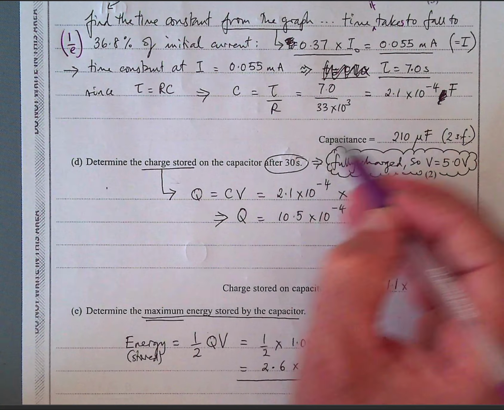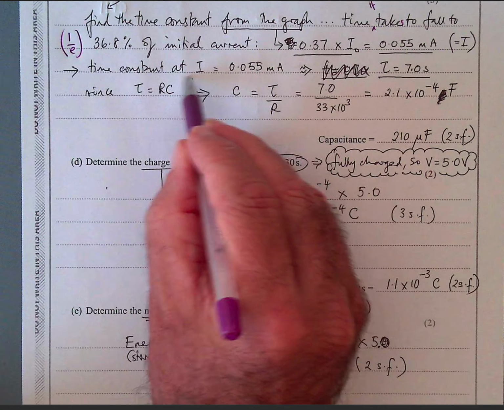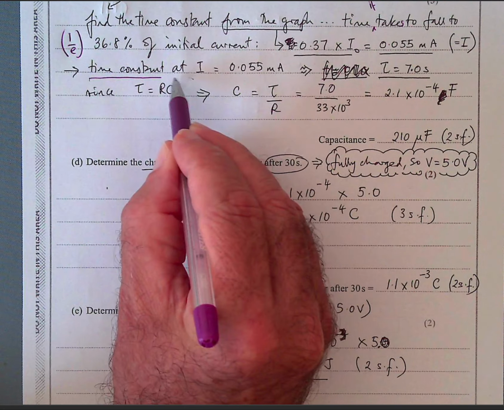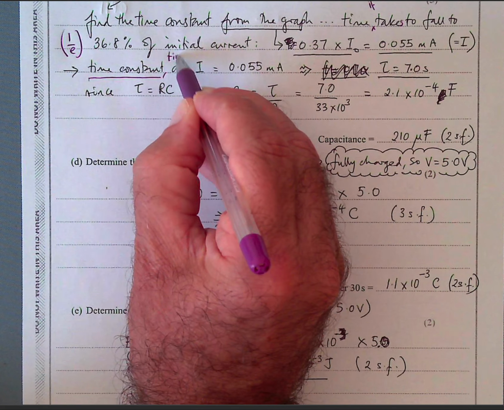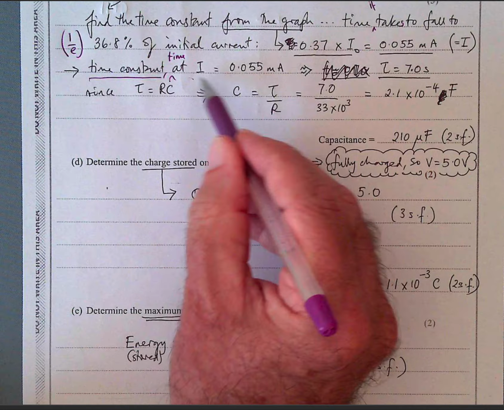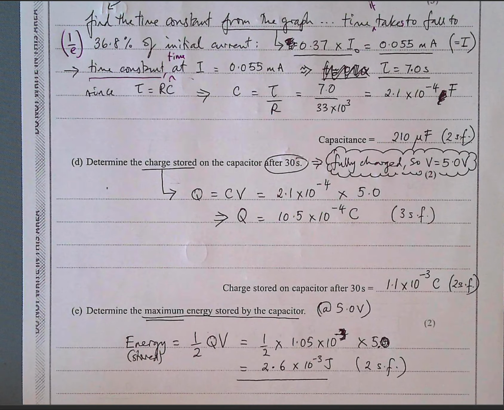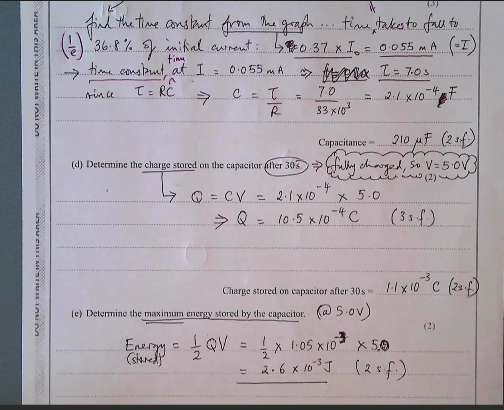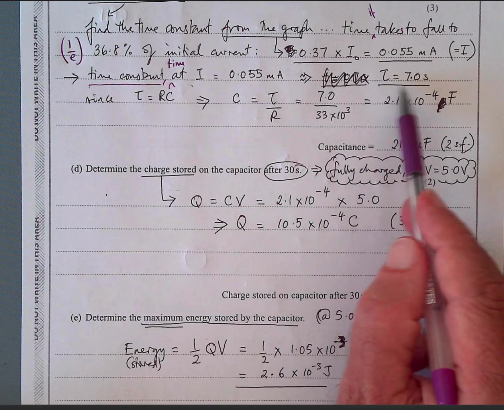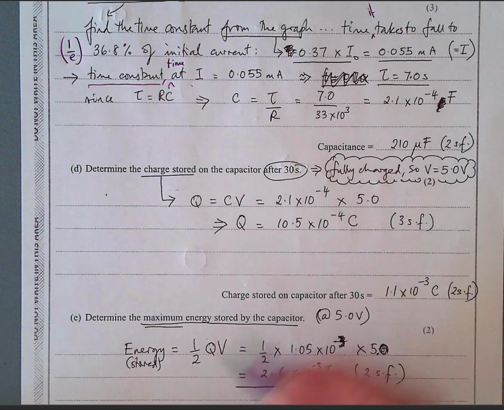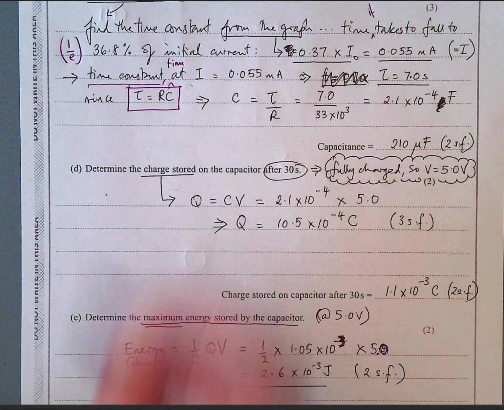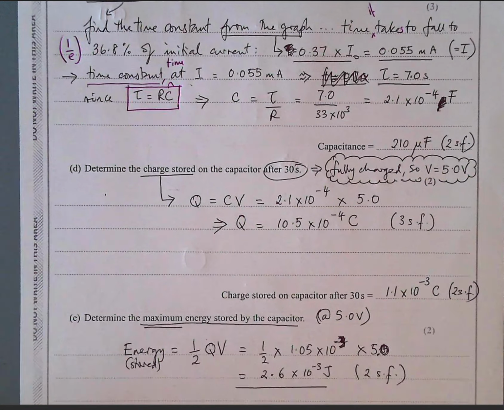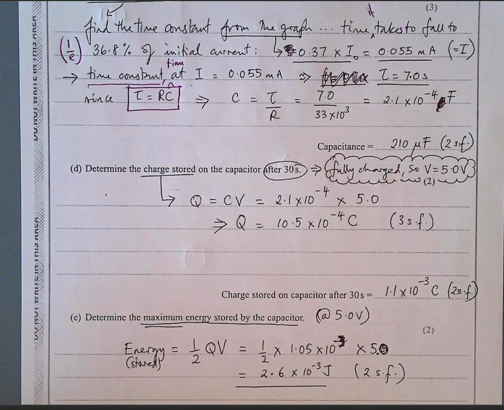Once you know the time constant, then the time constant is the time at which the current is equal to the value we just calculated, which is 37% of the maximum current. So that will give you a time constant of 7.0 seconds, and you know this equation, time constant is equal to resistance of the circuit times the capacitance of the circuit.